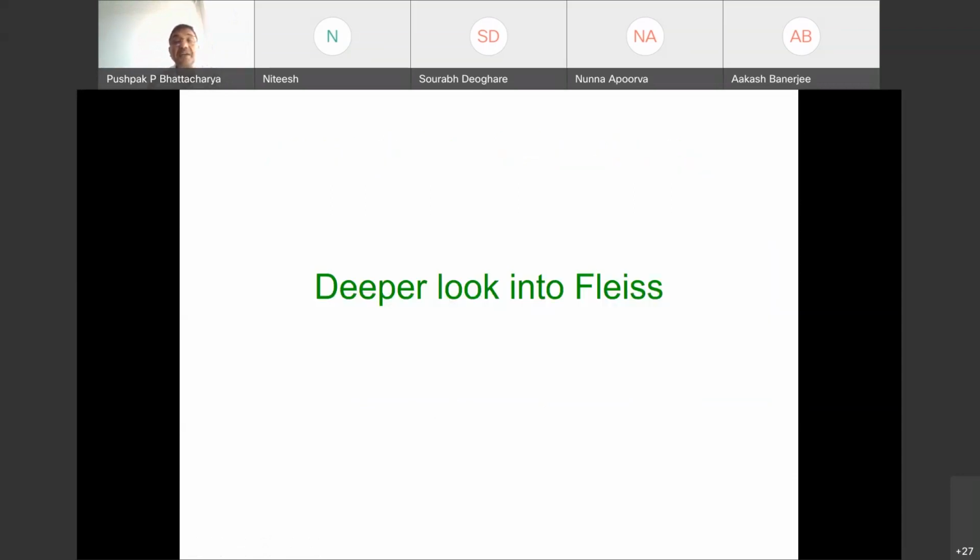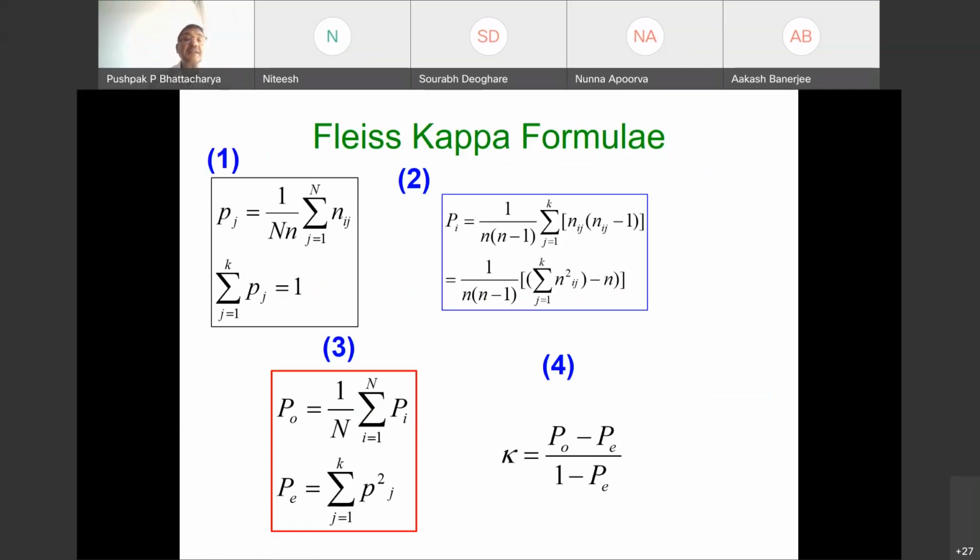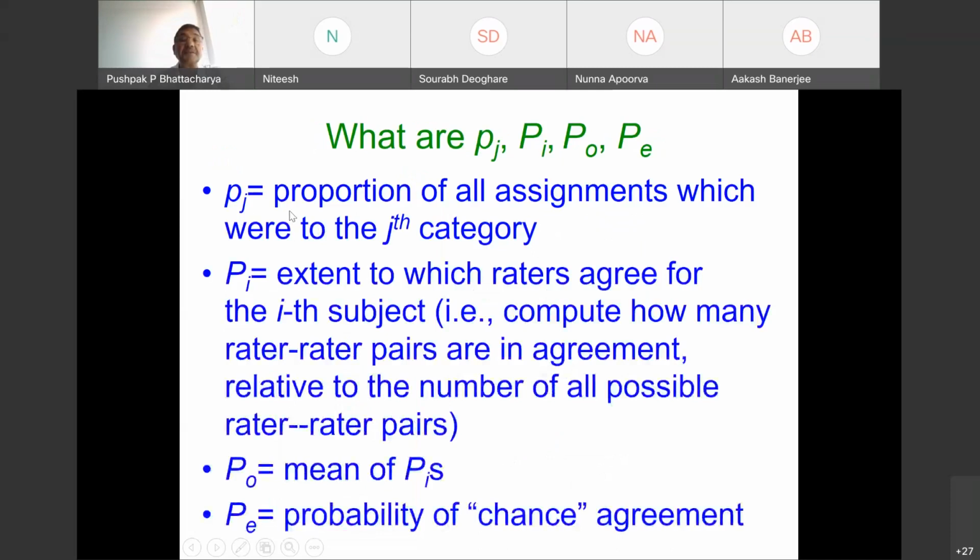Now, if we take a deeper look into Fleiss kappa, these are the formulae, and here are the interpretations. Small pj is the proportion of all assignments which were to the jth category. So this is on the column. Capital Pi is the extent to which raters agree for the ith subject. That is, compute how many rater-rater pairs are in agreement relative to the number of all possible rater-rater pairs.